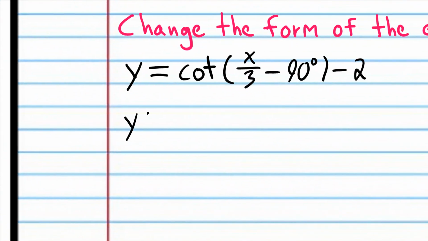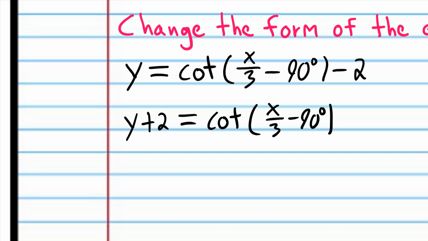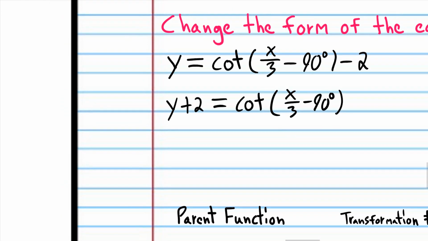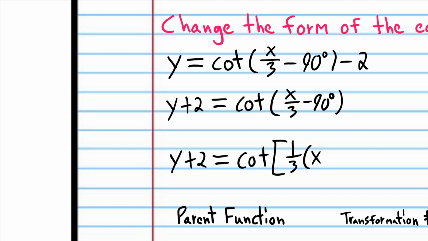So to help us graph, I'm going to change the form of this equation. Looks like we don't have a vertical shift because there's no coefficient for cotangent on this one. So then I'm going to factor out 1/3 inside the cotangent function.